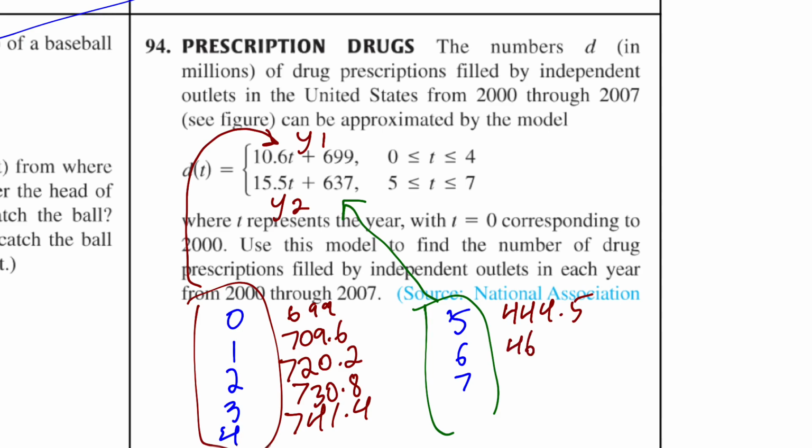This is 460. This is 475. And those looked wrong, so I double checked and I had typed it in wrong. Sorry about that. One take, here we go. But this one was 744.5, 760, and 775.5.